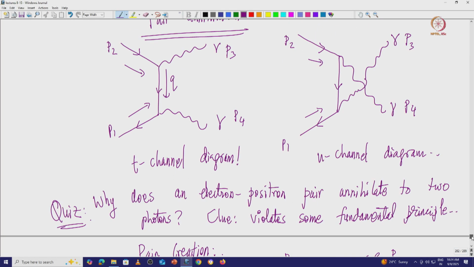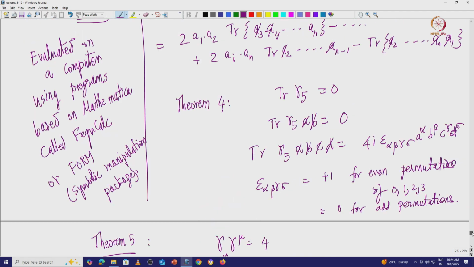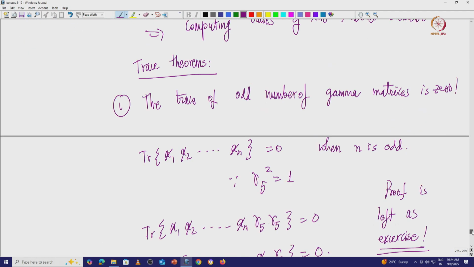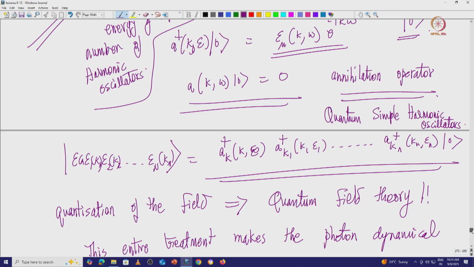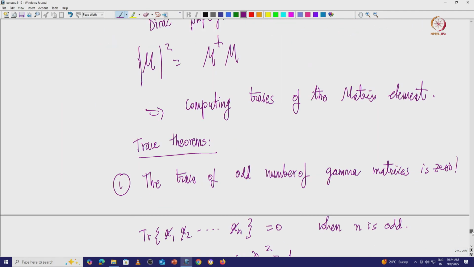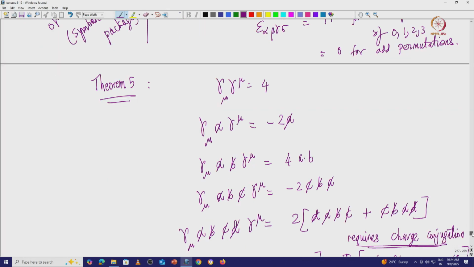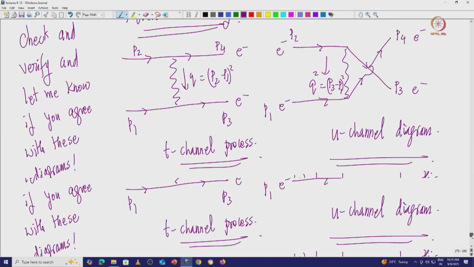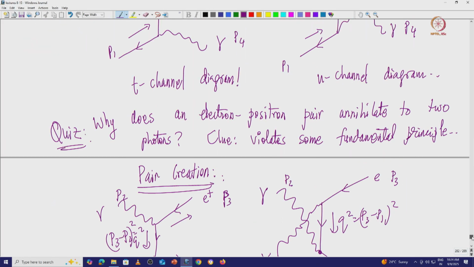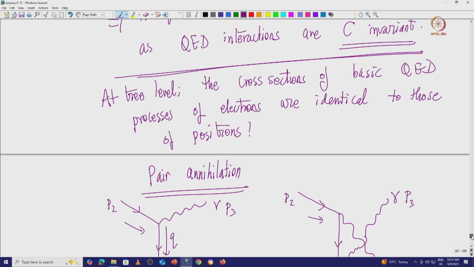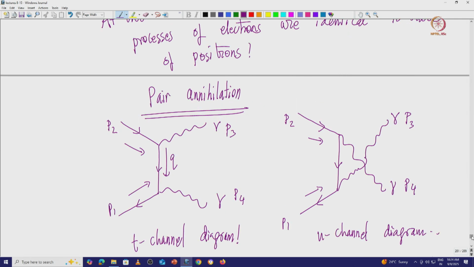Now, one more thing I wanted to mention: we also looked at the trace formulas in the computation of the amplitudes. I want all of you to look at all these theorems again and solve them. Okay. So, the advantages of this method are that there are a couple of advantages, and we will see both of them today.